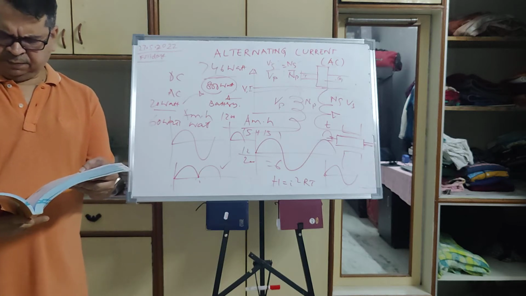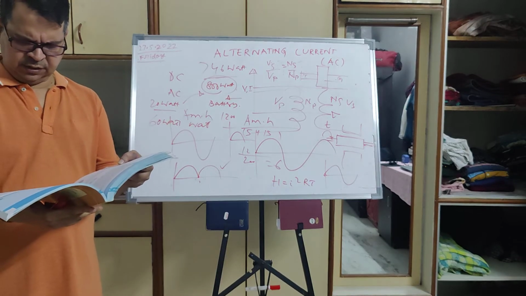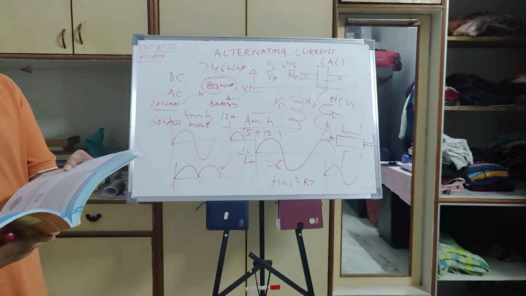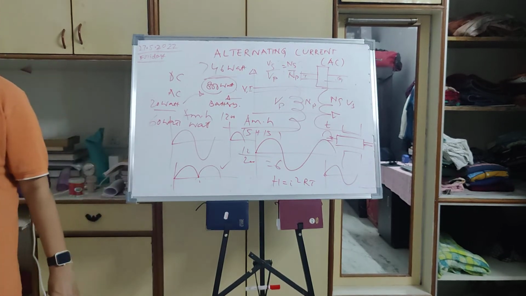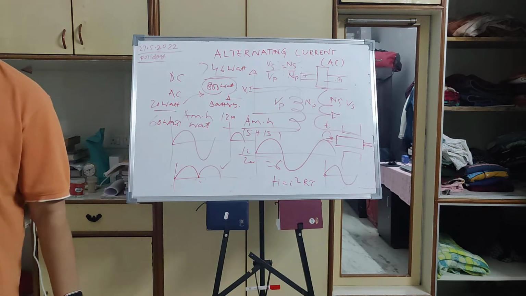The main reason for preferring AC voltage over DC voltage is that AC voltage can be easily and efficiently converted from one voltage to another by means of a transformer. Using a transformer you can step up the AC voltage or step down the AC voltage, which is an advantage, but it is not that easy with DC.